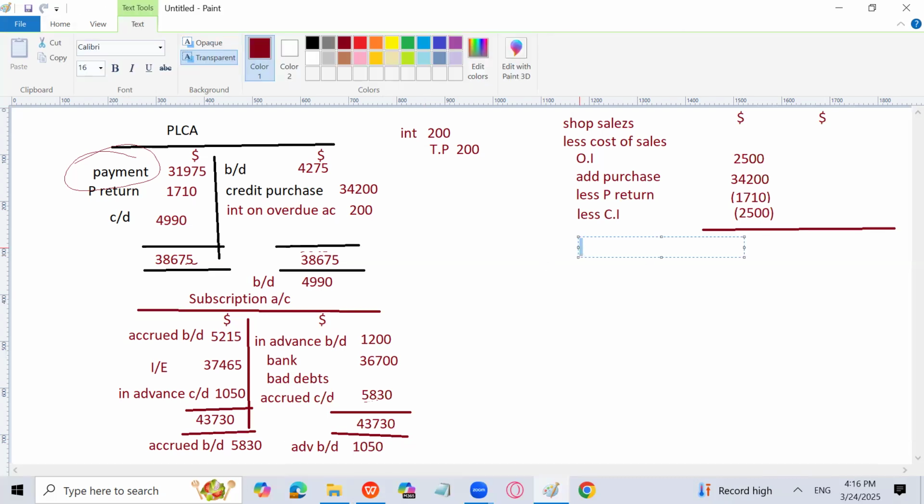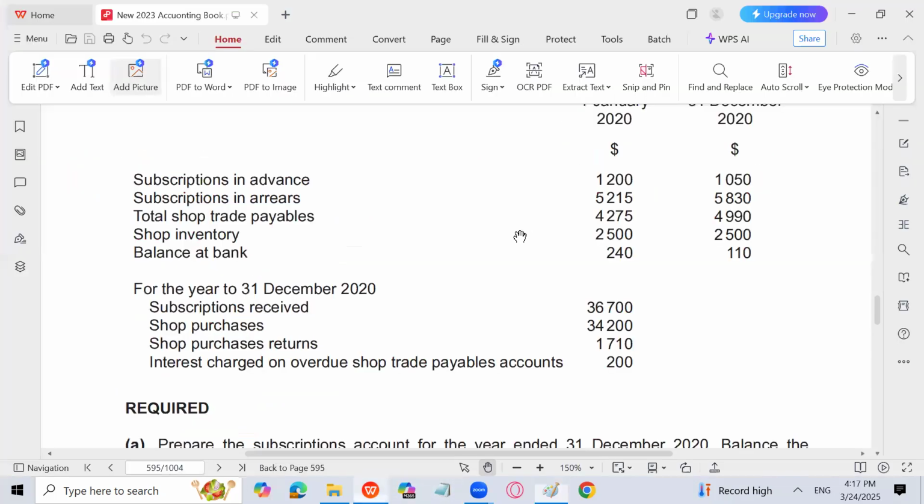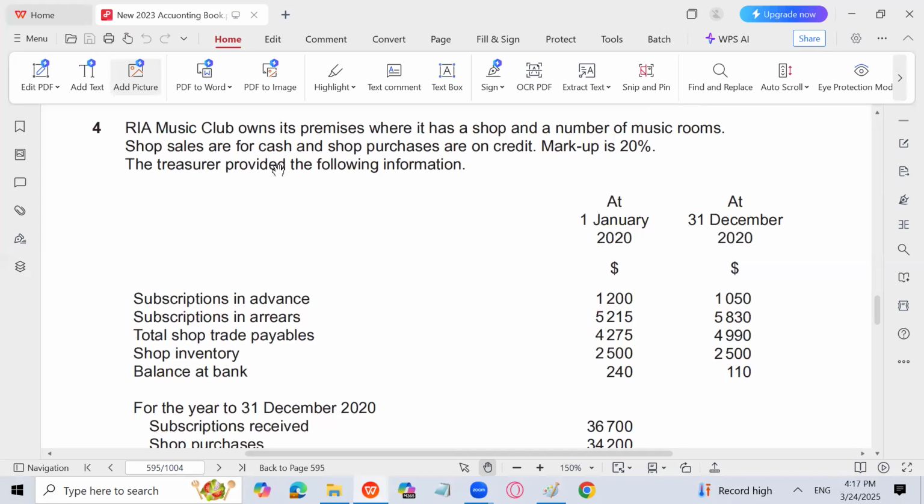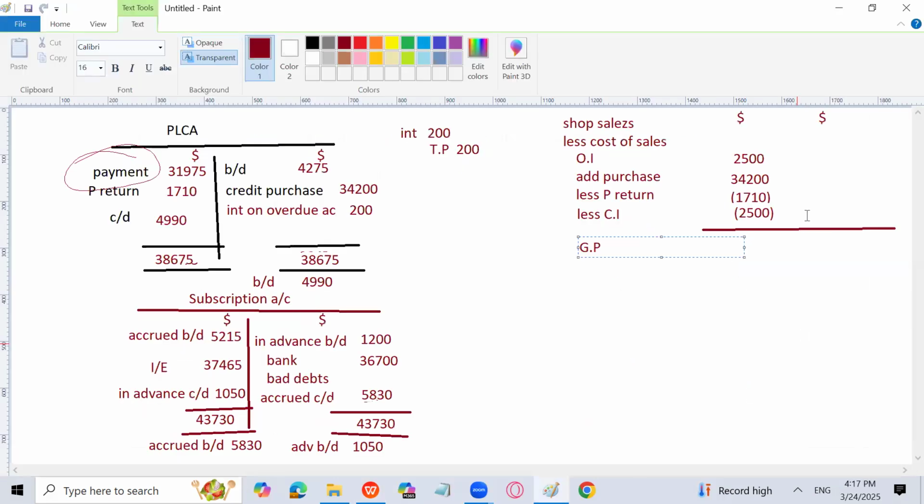Why, sir? Because you know that we will calculate gross profit directly from cost of sales, because markup is given. He said that shop sales are for cash and shop purchases are on credit, and markup is 20%. So what is the amount of cost of sales here?